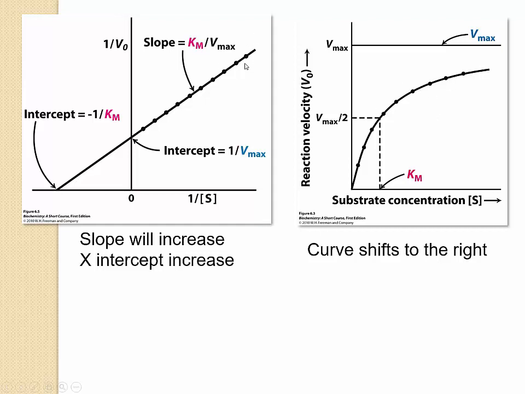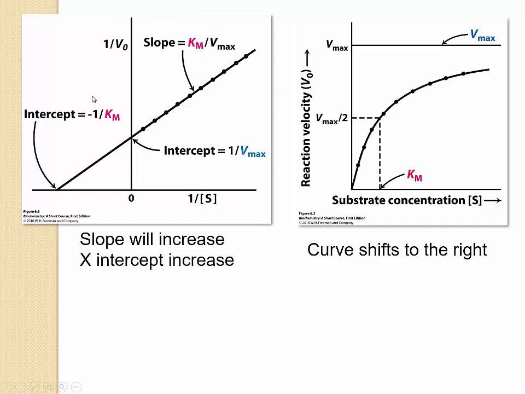But if we look at a Lineweaver-Burk system, what will happen is Km will increase, which means our slope increases, but the x-intercept will decrease because, remember, we have a negative denominator. All right, so let's say we go from Km 2 to Km 4. We would go from, call it 2 over 1 to 4 over 1. So that's a dramatic increase in the slope.